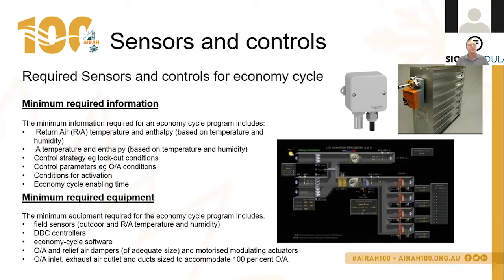So you don't want the economy cycle jumping in quickly and then the outside conditions change and it jumps back out again. You don't want a fast response time there. So you put an enabling time in for the control of the economy cycle. So you need field sensors, DDC controllers, software, and outside air dampers, relief air dampers, etc., all motorised, and sized to accommodate typically up to 100%.